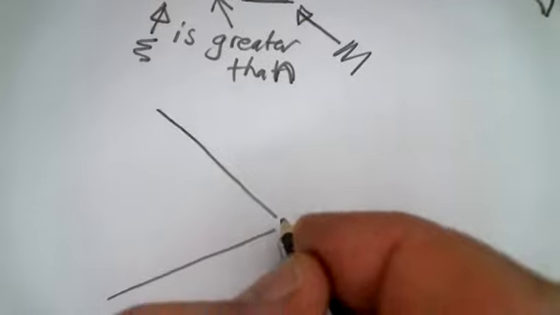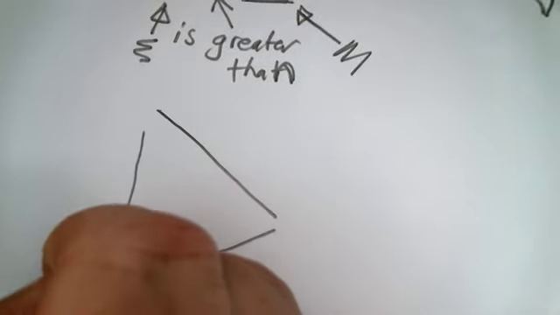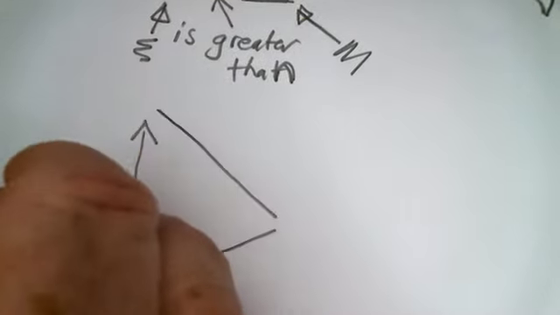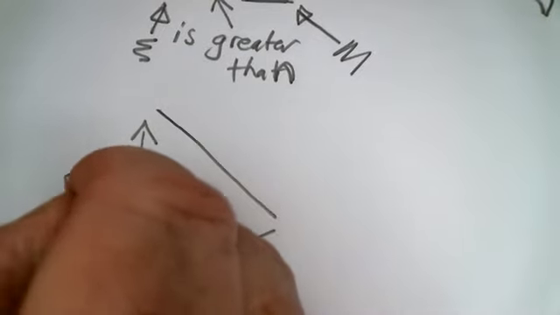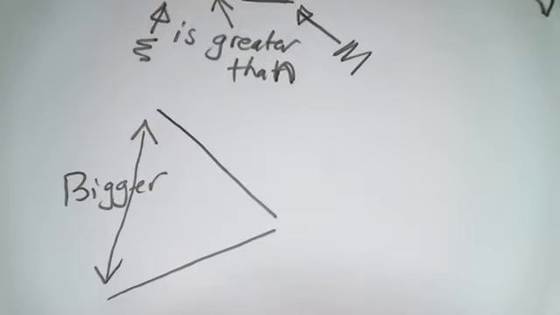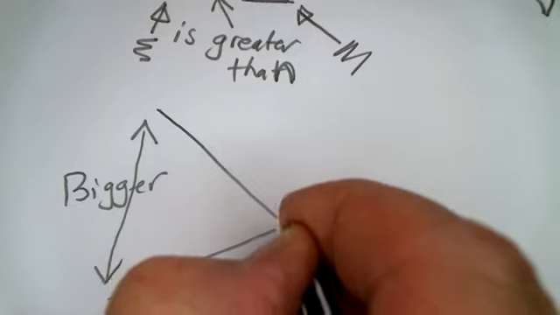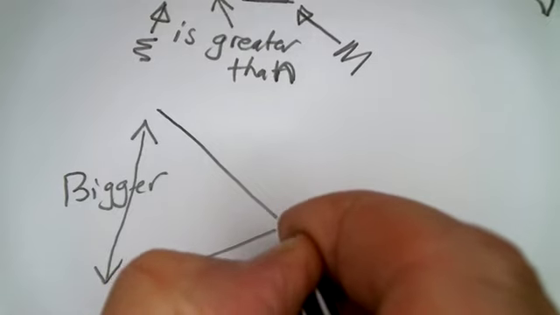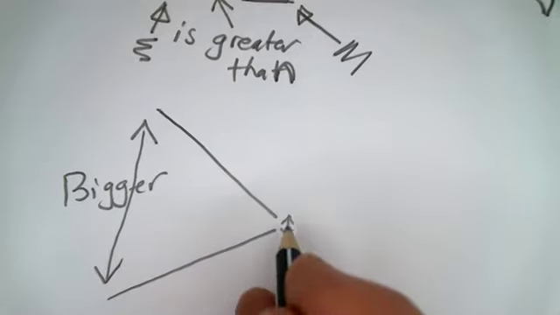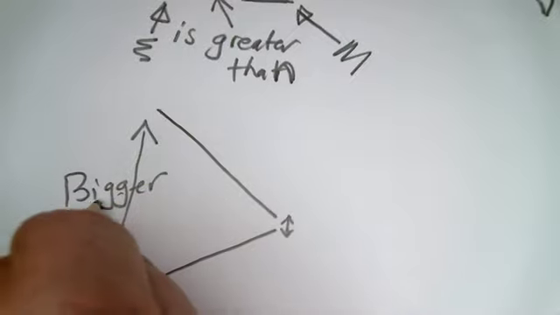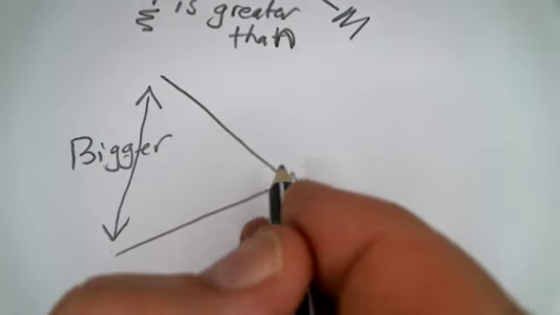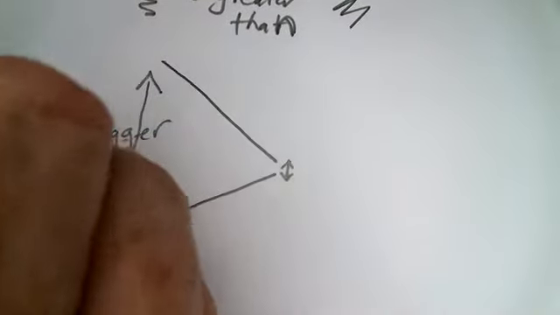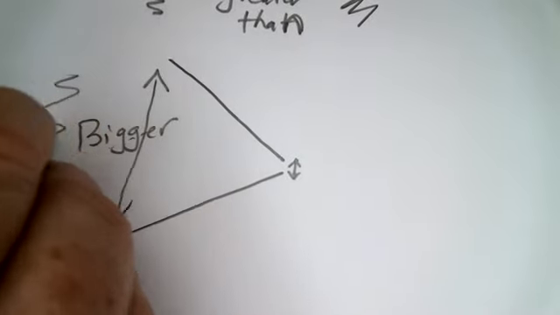So in other words, this side here in terms of size is bigger or larger or greater than this little tiny thing on the end here. This is smaller than this. This is bigger than this. So the bigger bit lies on this side over here.